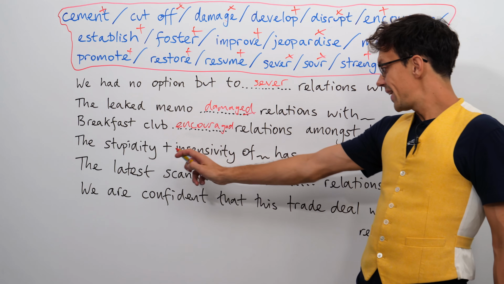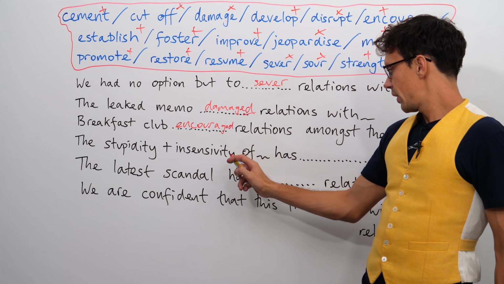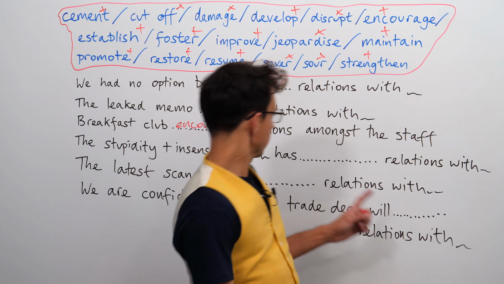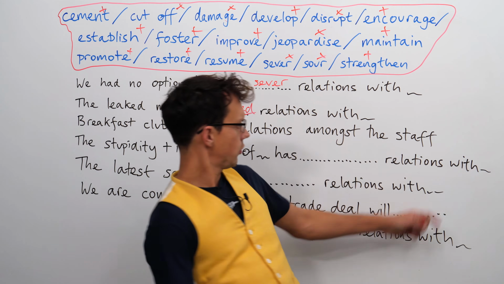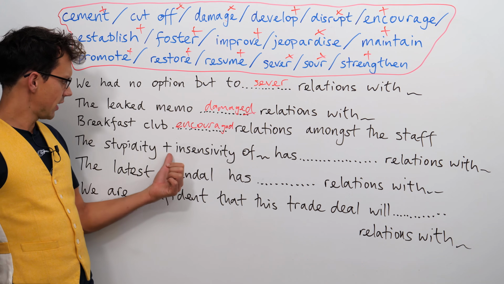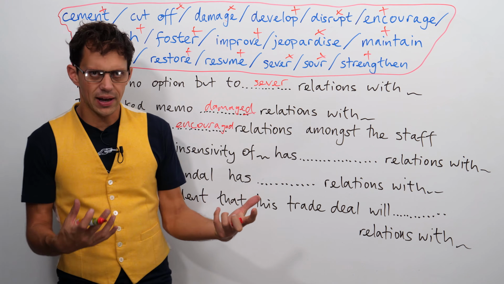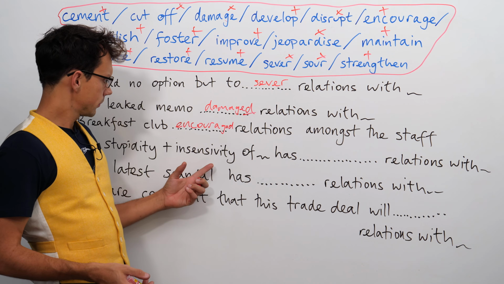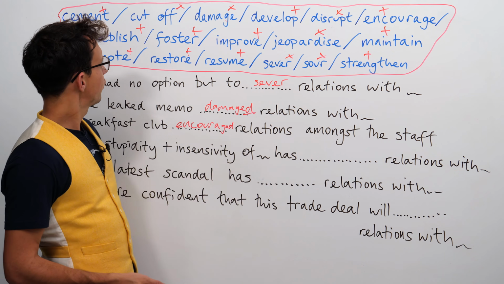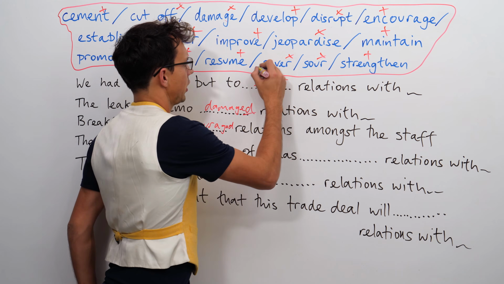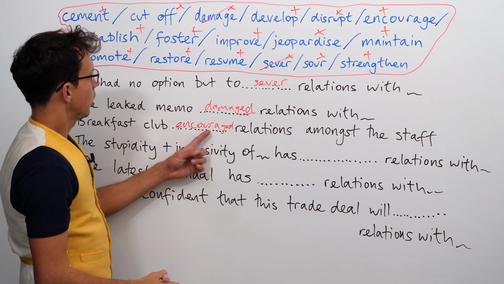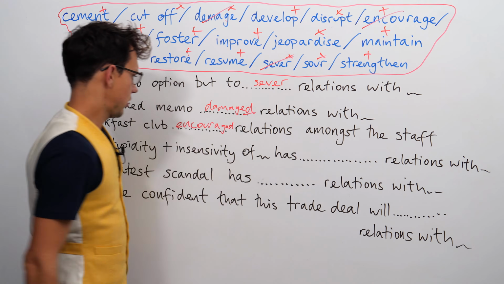The stupidity and insensitivity of has something relations with. The stupidity, this is something negative, something bad happening. So we need to look for a negative word. What have we already used? We've already used sever, damaged, and encouraged.